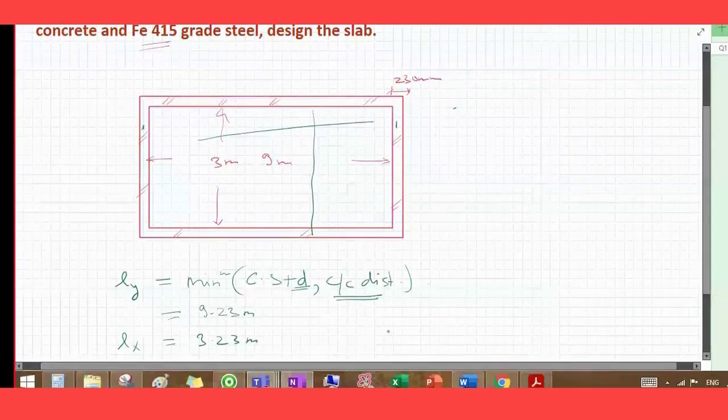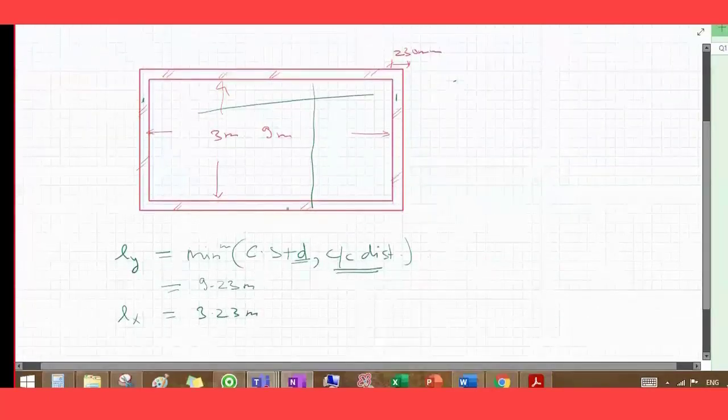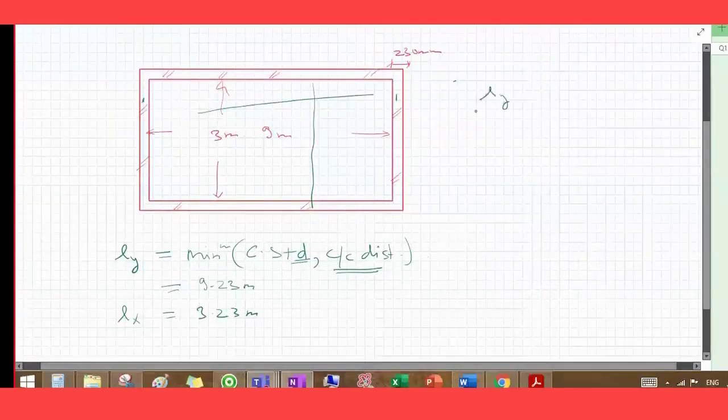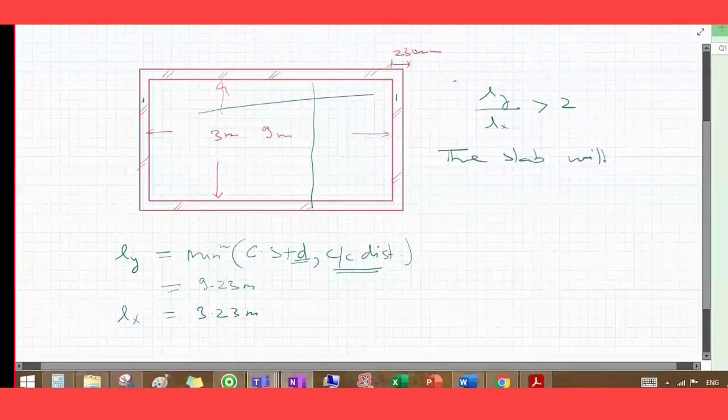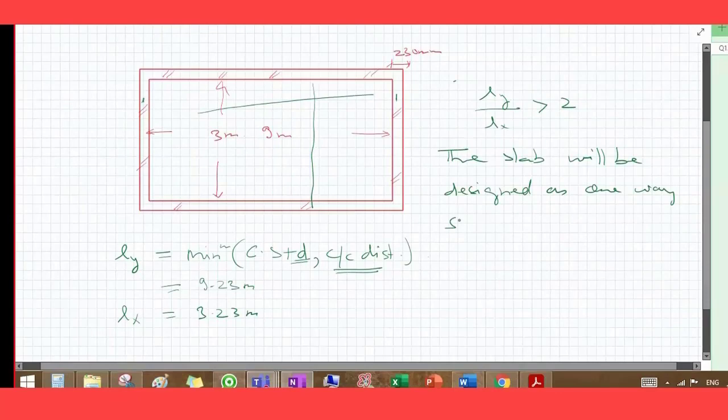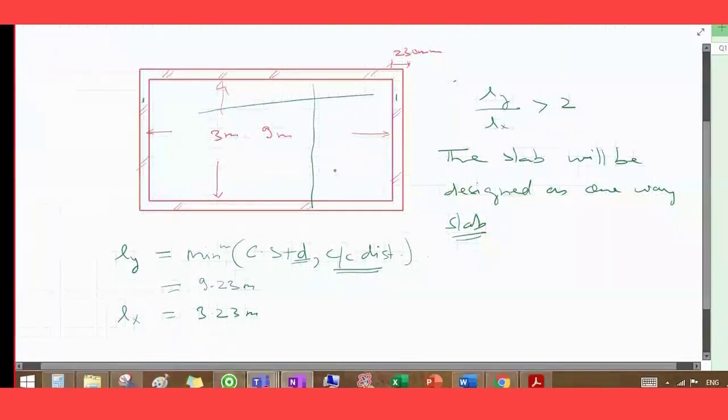Now, since this slab is being supported on all the 4 sides, take the ratio Ly by Lx. When I take this ratio, I find it is greater than 2. Since this is greater than 2, the slab will be designed as a one-way slab. It's very important that whatever problem you get, you first decide whether the slab will be designed as a one-way slab or a two-way slab.